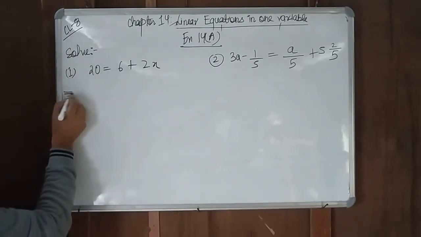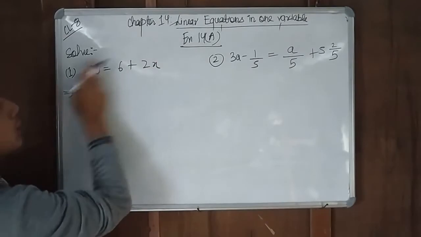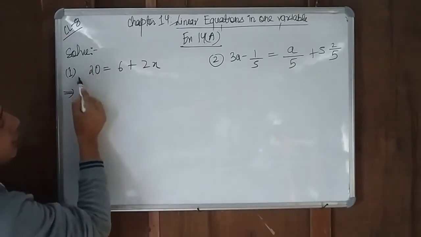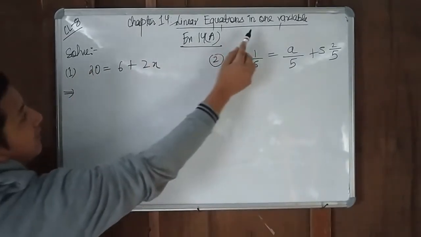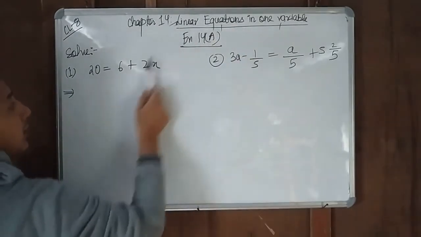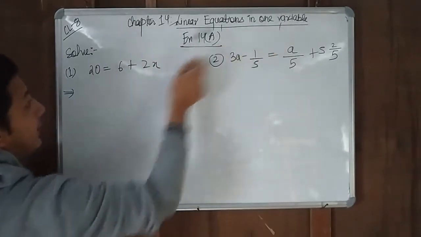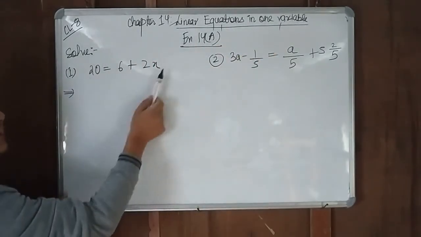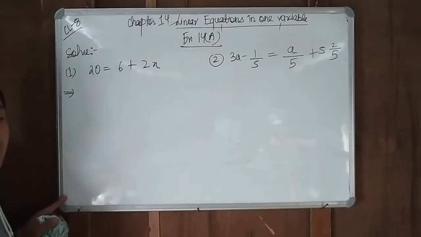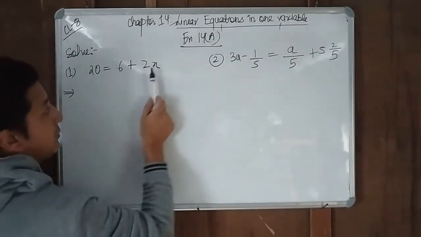Now, before going to the question, I want to make a concept clear: whether it is a linear equation in one variable or not. Please think for yourself. Now I say linear equations mean those equations whose highest power of the variable is 1, and the variable must be only one variable.